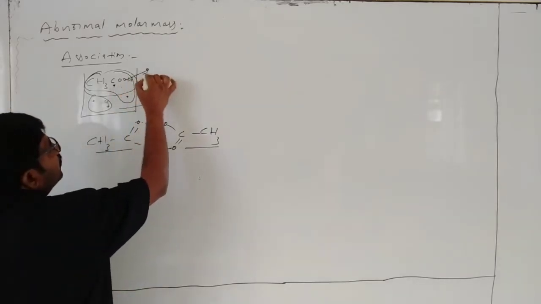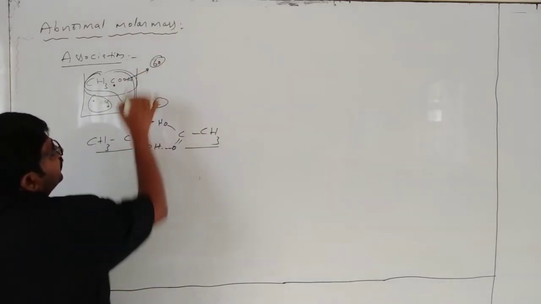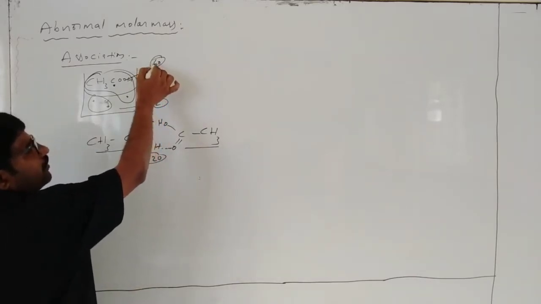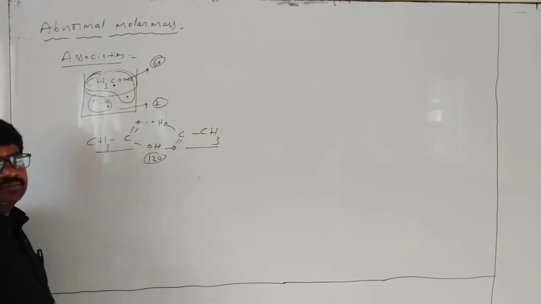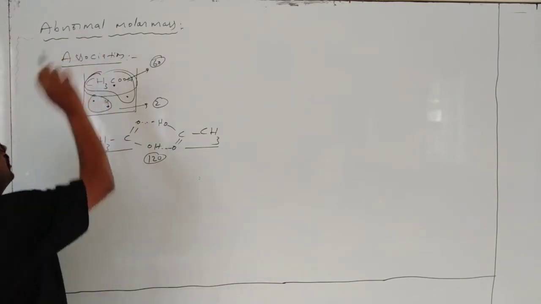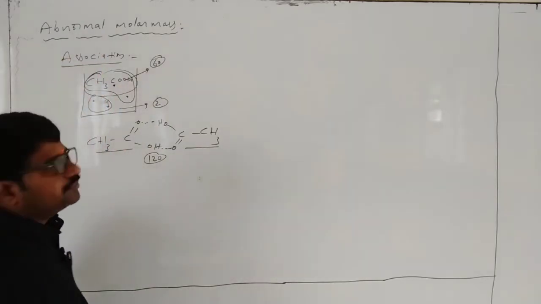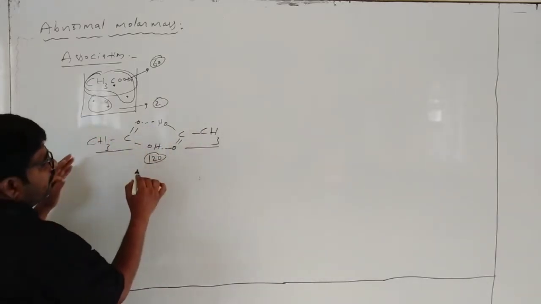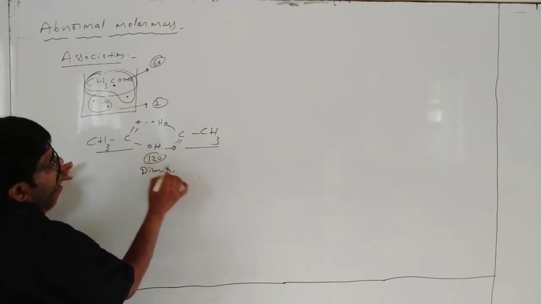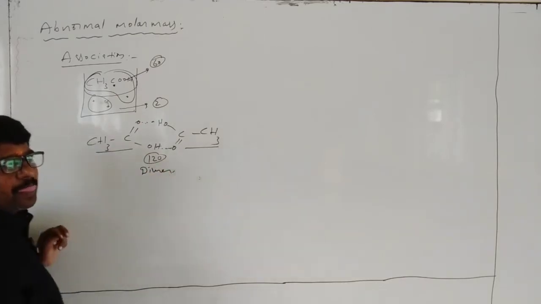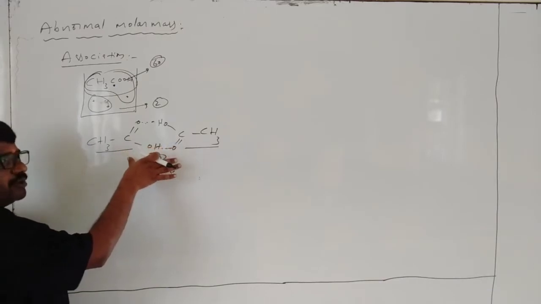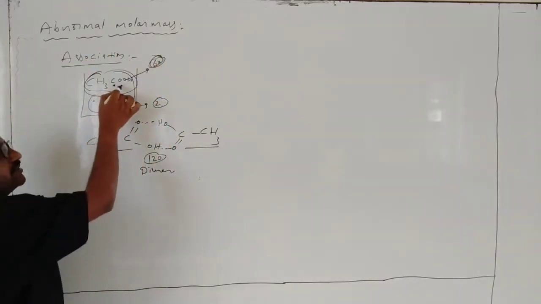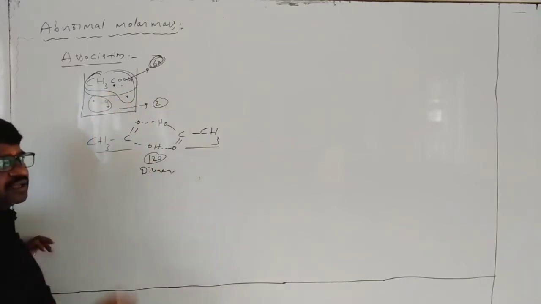Now, the molecular weight of acetic acid is generally 60, but here it is 120. So does the molecular weight change or not? This is called abnormal molar mass. When these two combine, they form a dimer of acetic acid. The molecular weight of this compound is different: this is acetic acid, and this is the dimer of acetic acid.